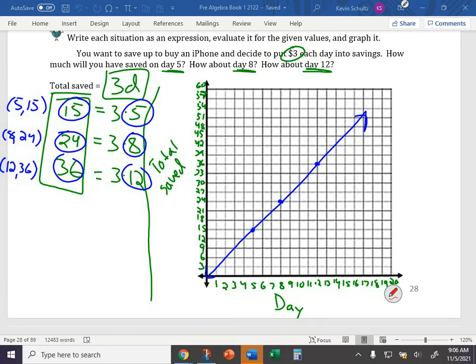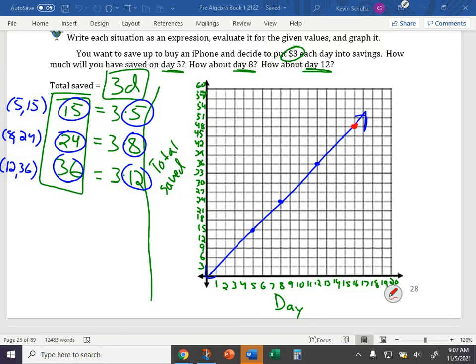Now that we've got the graph, what can we do, Abby? We can look at day 16 and we can follow it up to where it lands on the graph. And because of my super straight line, it lands exactly at $48. That's what graphs allow us to do. We can stop the calculation and we can just look.